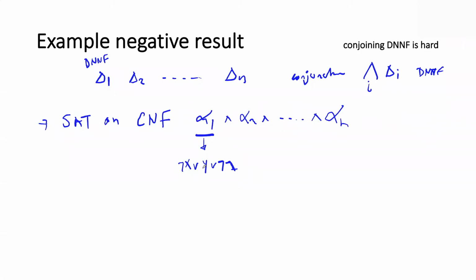I just want to end with one more property related to decomposability. I'm going to just sketch it for you. And this came later. This property was pretty influential. It's known as structured decomposability. It's a special case of decomposability.